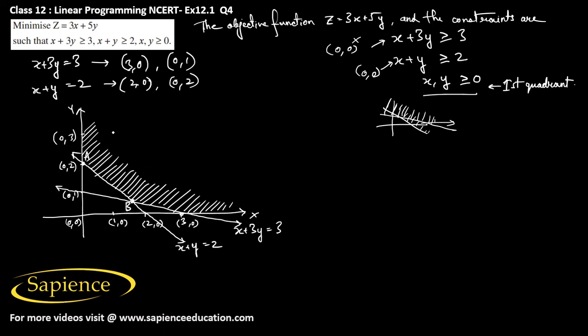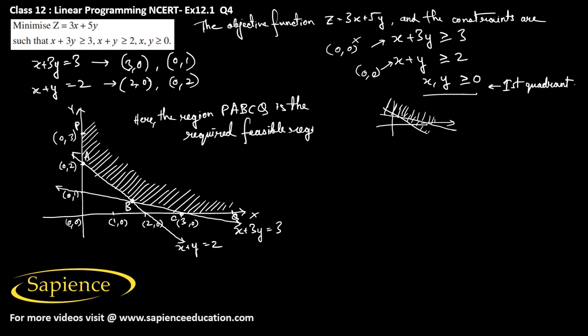So we can tell, suppose this is point P, this is point C, this is point Q. So therefore here the region PABCQ is the required feasible region, and we can see that this region is unbounded.